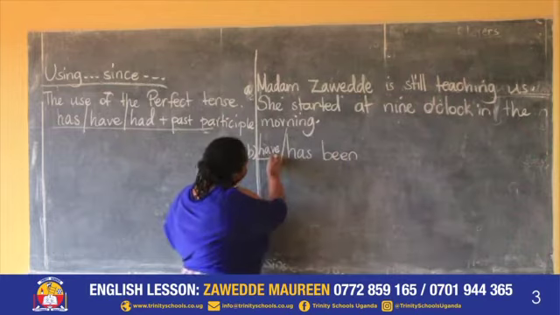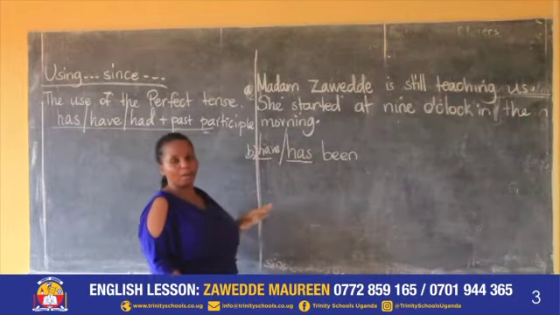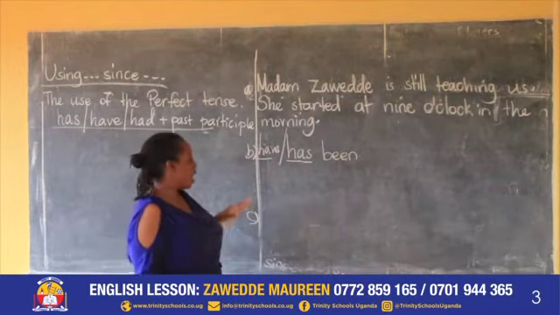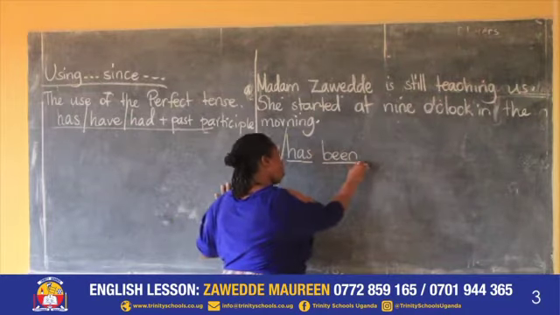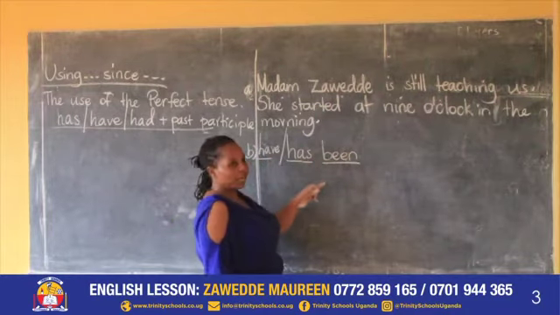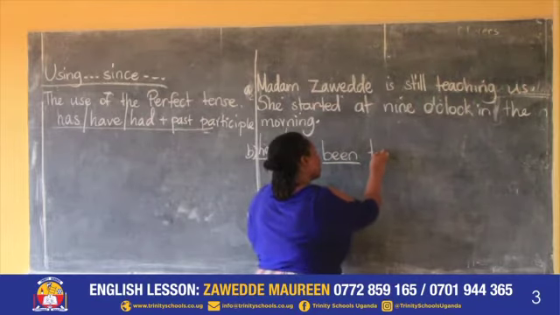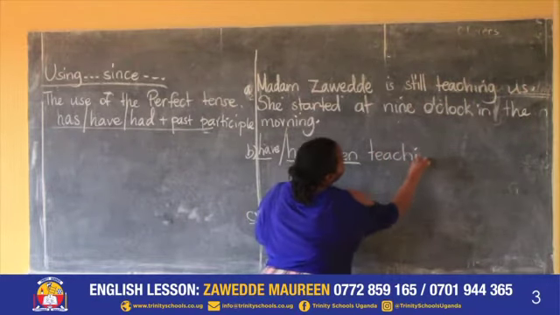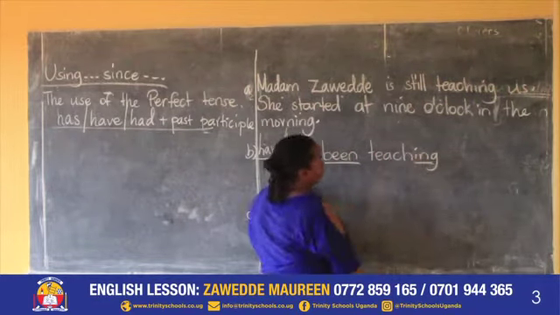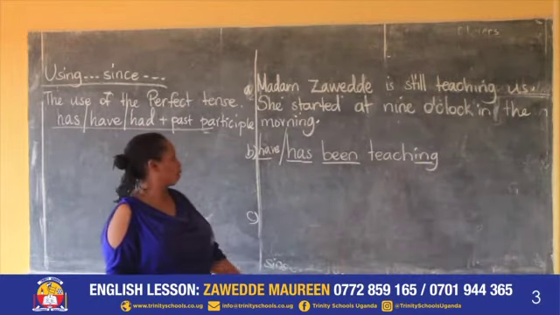Perfect tense, has and have, express a perfect tense, with a past participle, has been teaching. When we have ing on the verb, it shows the action is still going on.